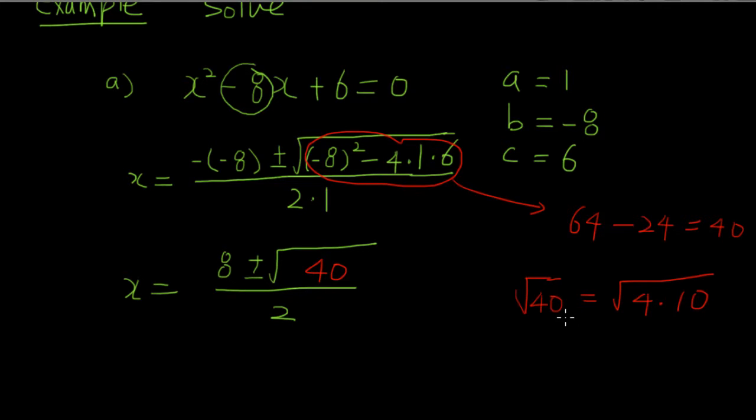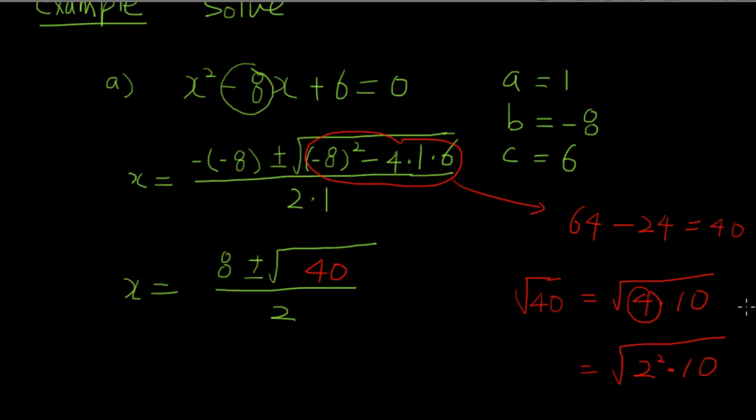Why would you want to rewrite it like that? Because I like this number 4. Why? Because I can rewrite this 4 as 2 squared, times 10, because it's a square.